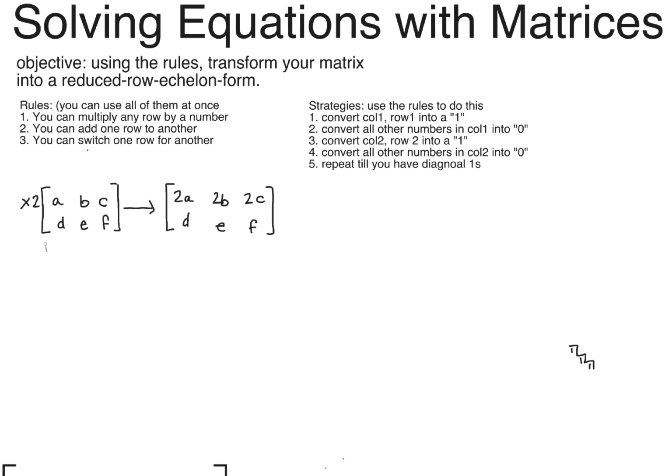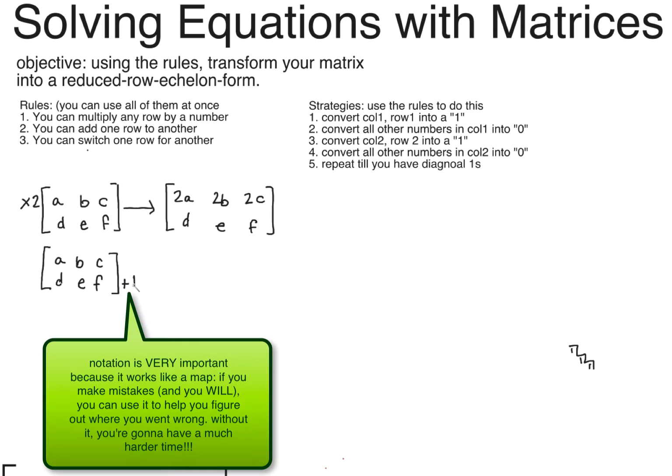You can add one row to another. Well, that one's simple. Once again, if we have A, B, C, D, E, F, and here we add, and notice I'm using a notation, you should use it too, we add row 1, and I use Roman numeral 1 to show you that, to row 2.